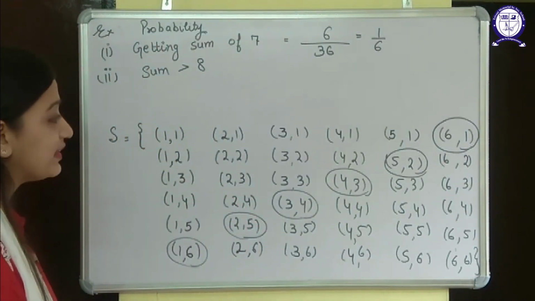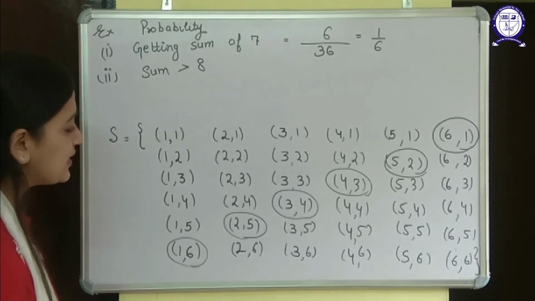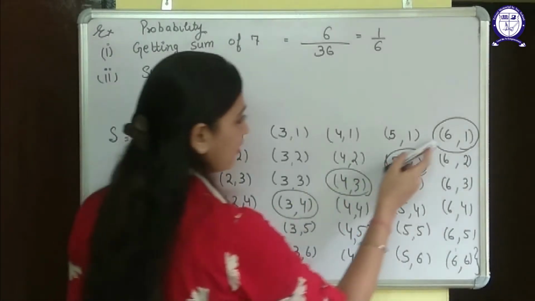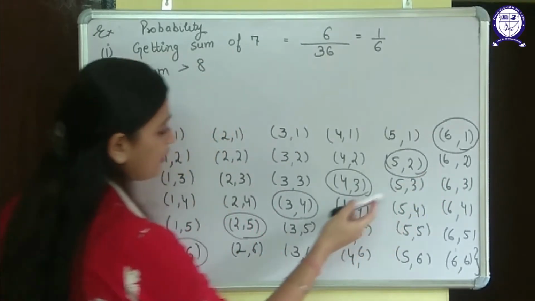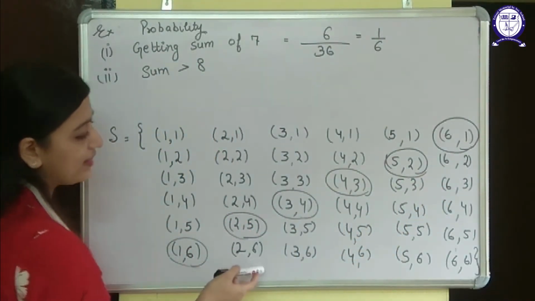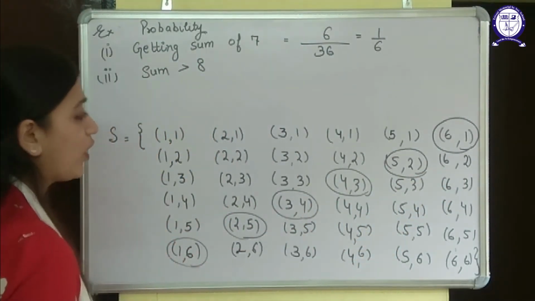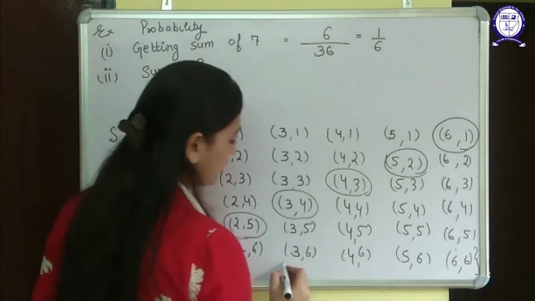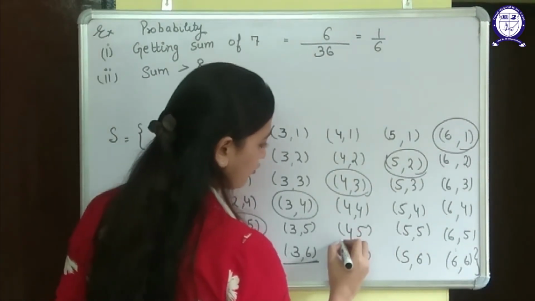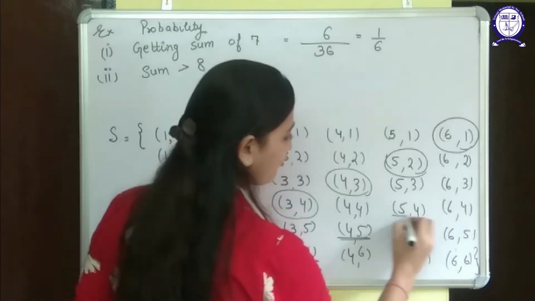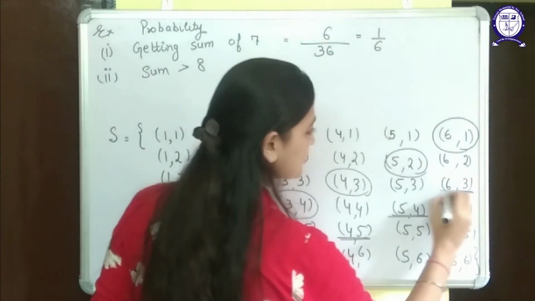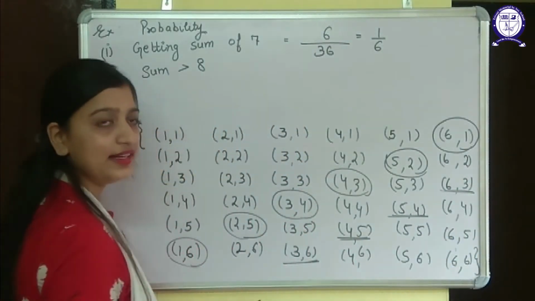So where will I get 9? So you can see that this is the line of 7. Right. So obviously below it will have 8 and then it will have 9. Okay. I will have 9 here. Then 4, 5, 5, 4, 6, 3, 9 is complete.